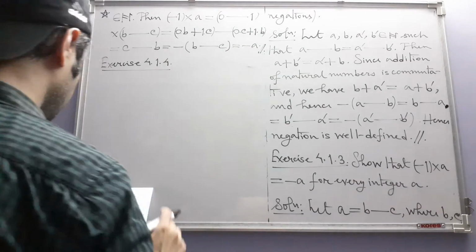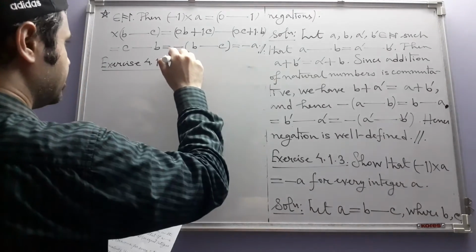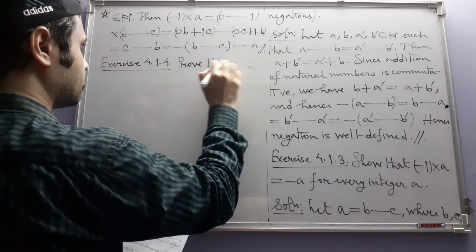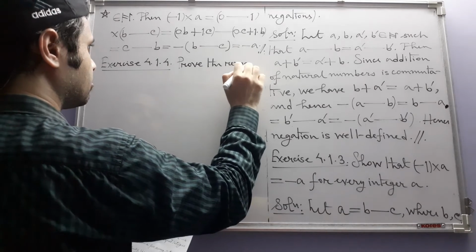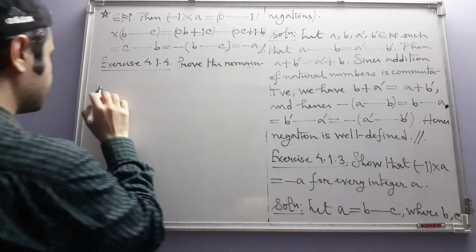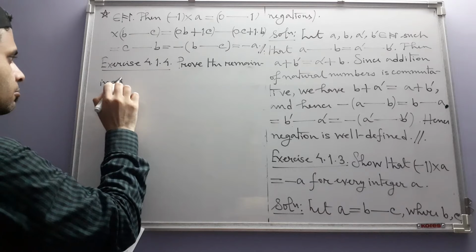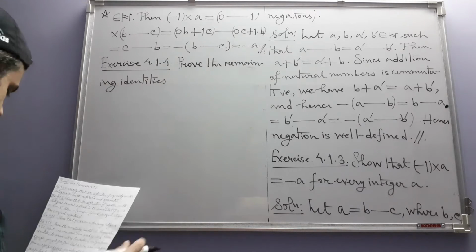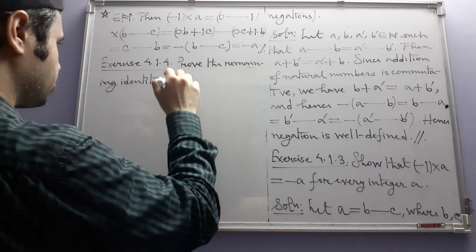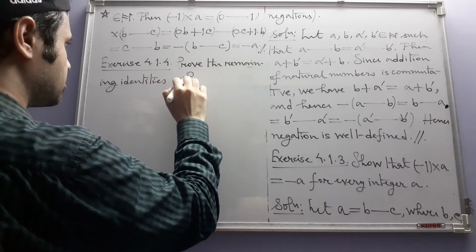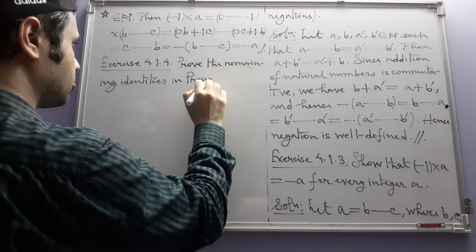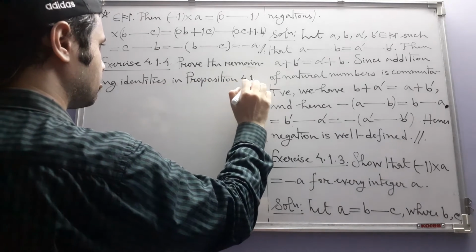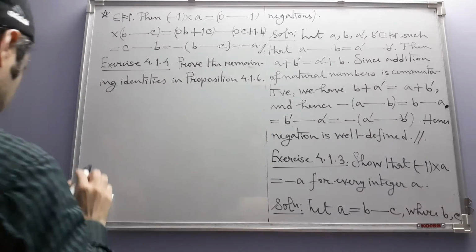Exercise 4.1.4. Prove the remaining identities in proposition 4.1.6. There is a hint also.